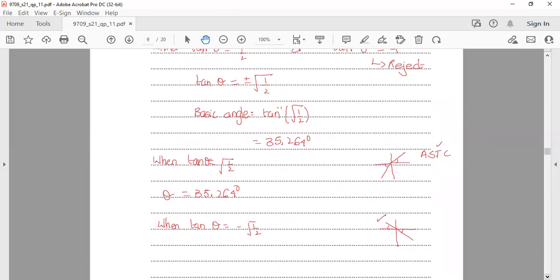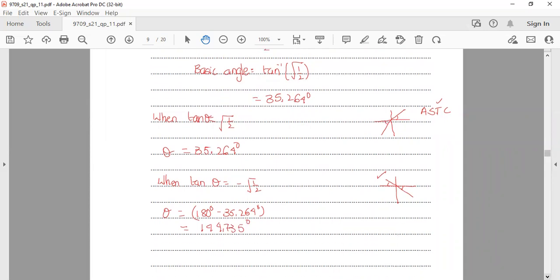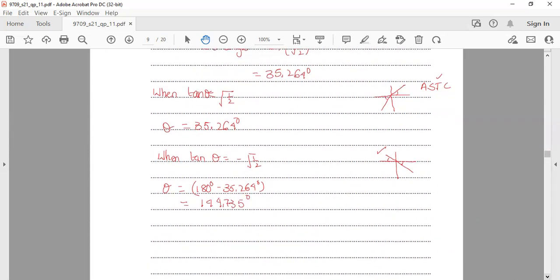Therefore theta is equal to 180 degrees minus 35.264 degrees, which is equal to 144.735 degrees. Your final answer should be given to 1 decimal place for any angle in degrees. Therefore, theta is equal to 35.3 degrees and 144.7 degrees to 1 decimal place.